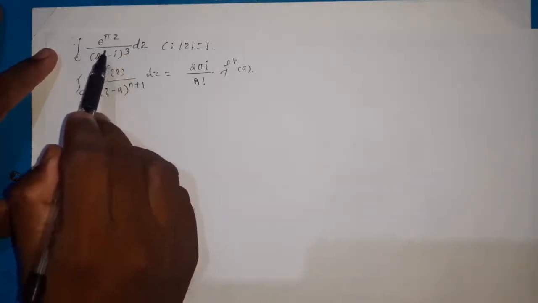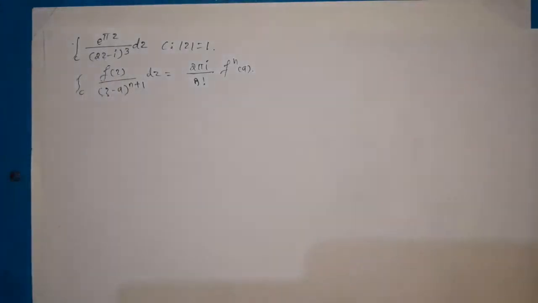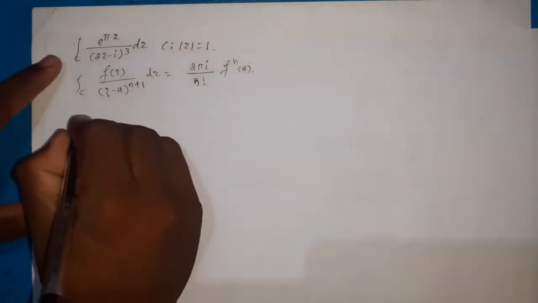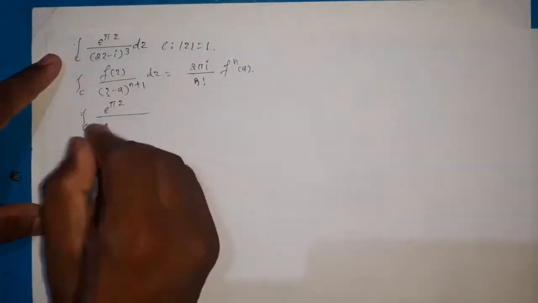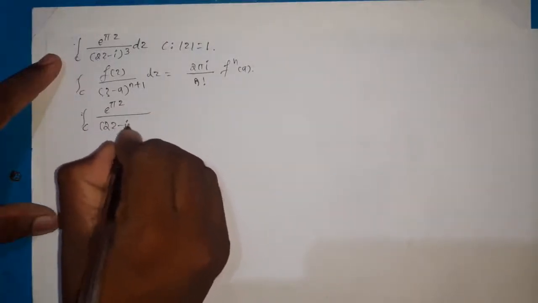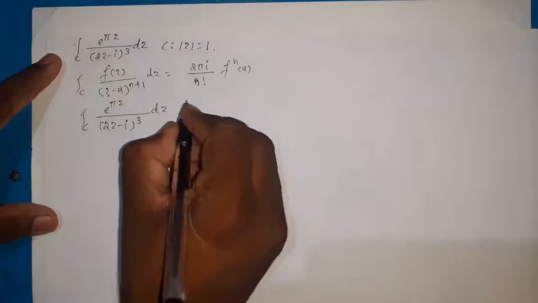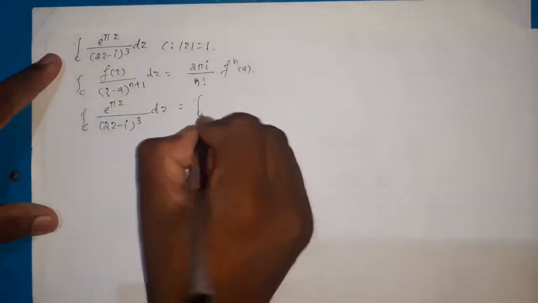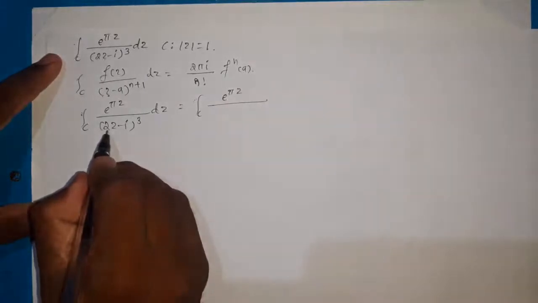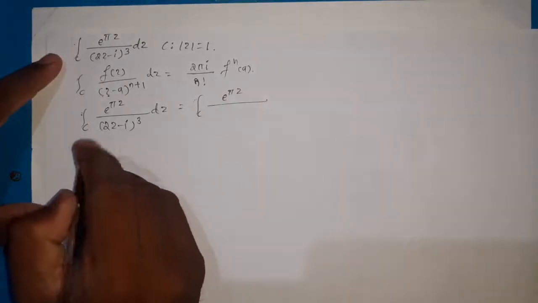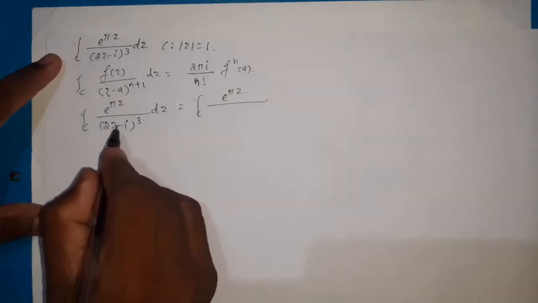So therefore we need to write the integral in the standard form, then only we can find the value of a, f of z and n plus 1. So here the integration over C of e power pi z divided by (2z minus i) whole cube dz. So it is integration over C of e power pi z divided by, here we need to take this 2 common outside the function.